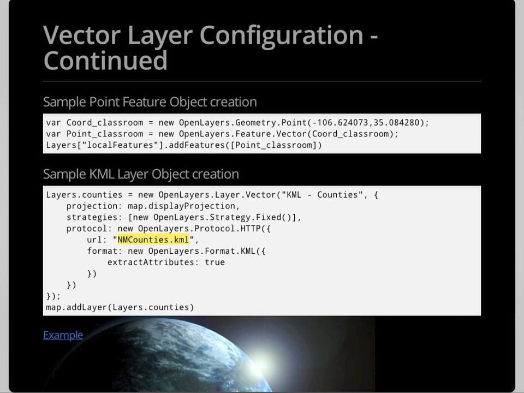One thing to keep in mind is that the JavaScript security model does not allow you to load a KML or other data file from outside of the same server where you loaded the HTML document from.